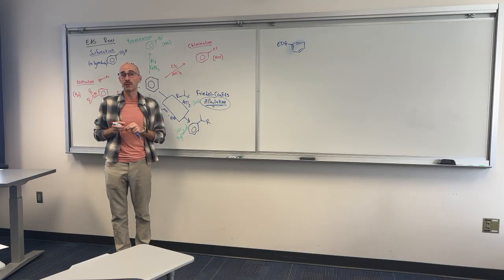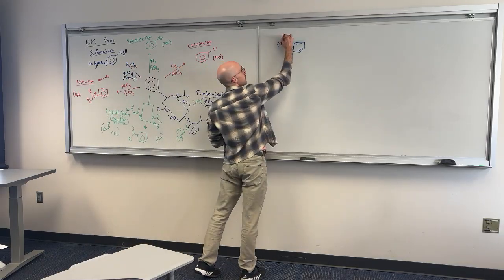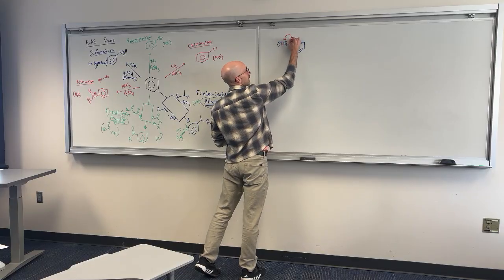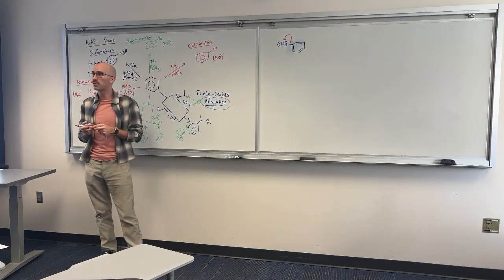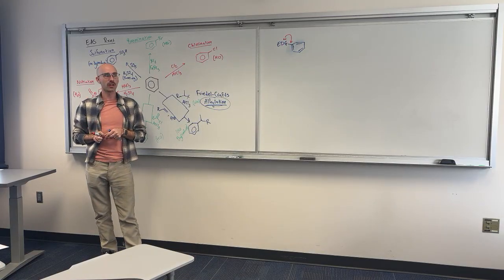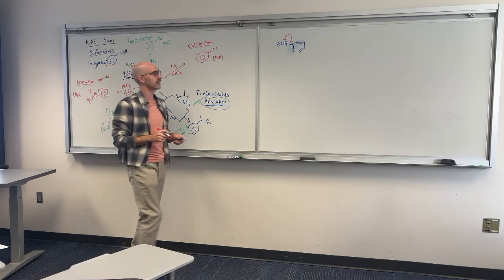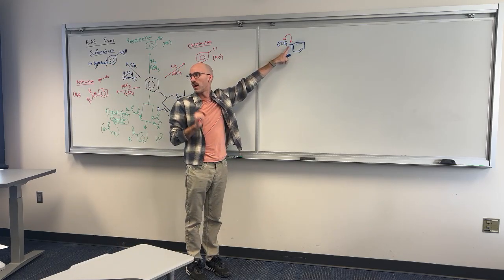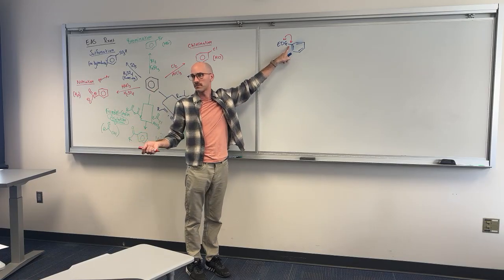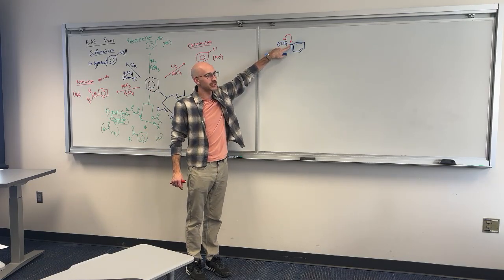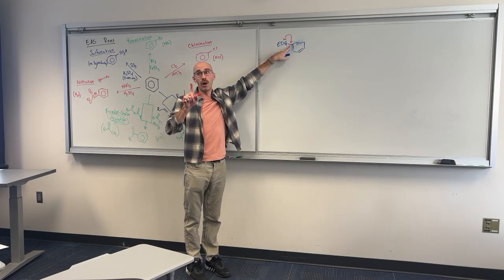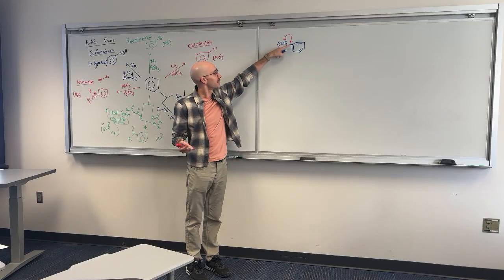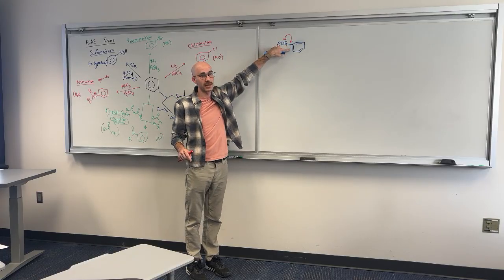These typically have lone pairs. These lone pairs can be donated into the ring. I started to show you this last week, but today we're going to look more at that directing effect. If a lone pair comes in, a lone pair needs to come out. I'm breaking the octet at this carbon here. And there's only one bond that it can break. It's this double bond that it's already in.